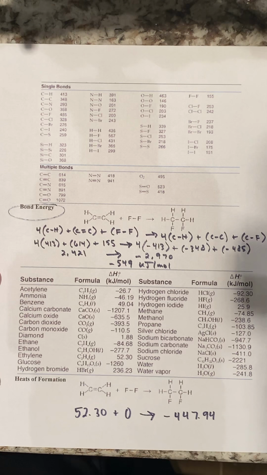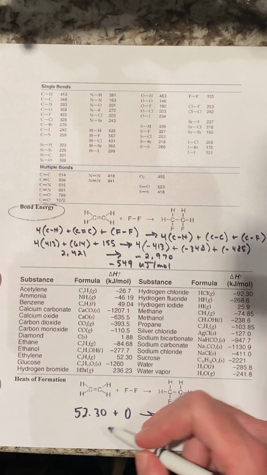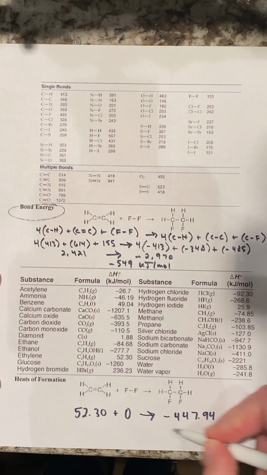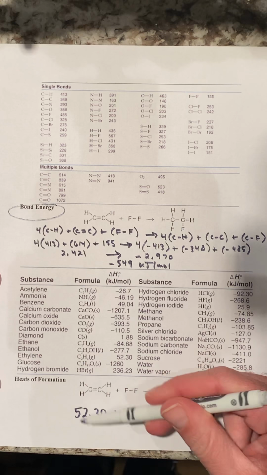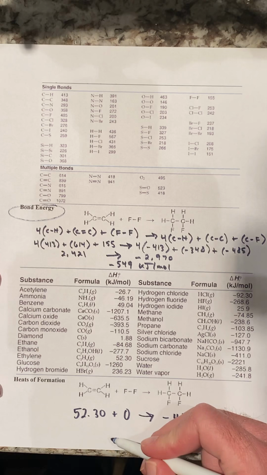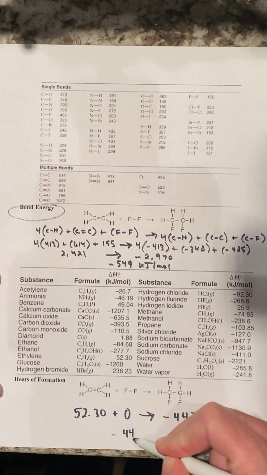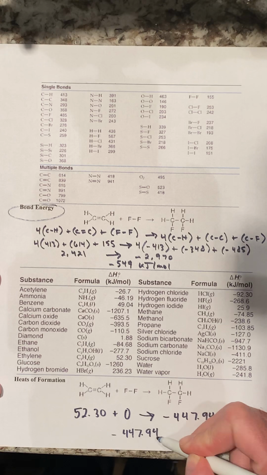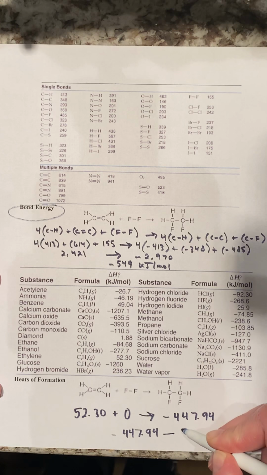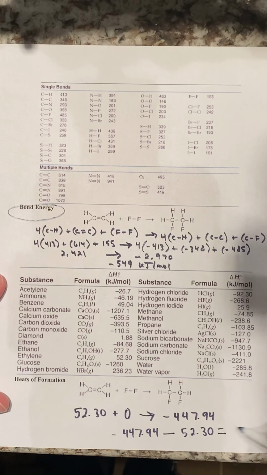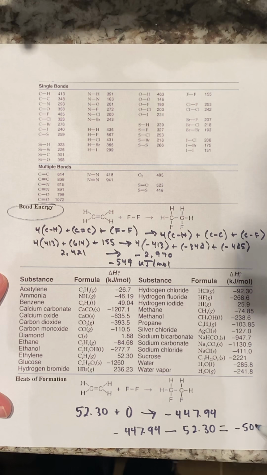The other big thing that's different between heats of formation and bond energy is here we add them together. Here I do products minus reactants. Products minus reactants. So what that would look like is my products minus my reactants. When I do that, I get negative 500.24, and again, kilojoules per mole.